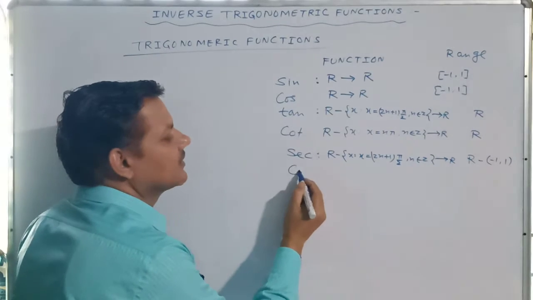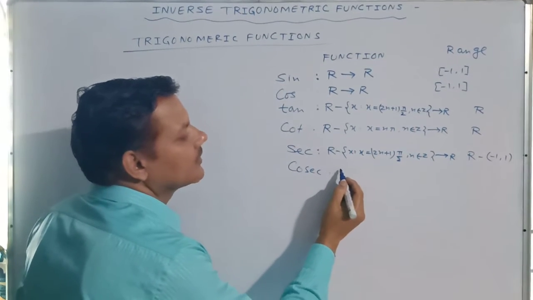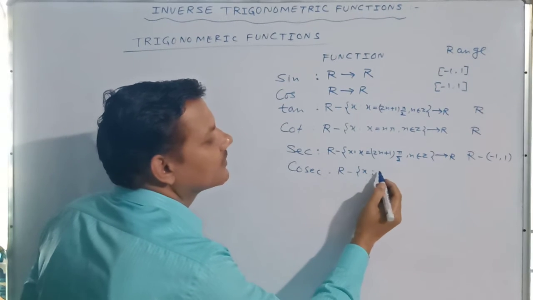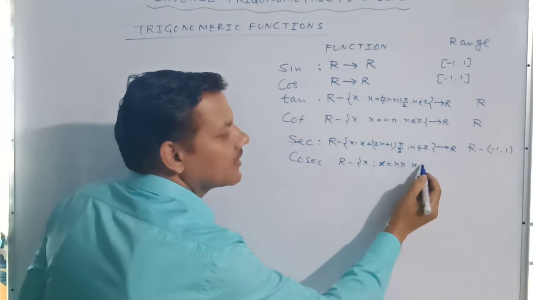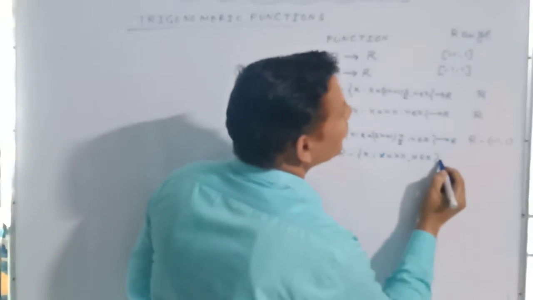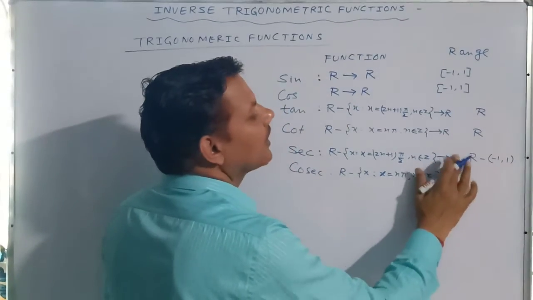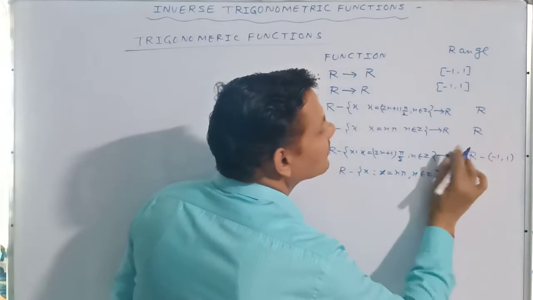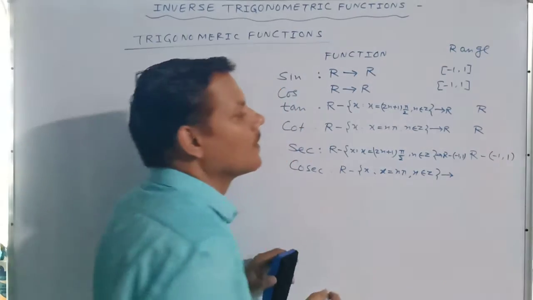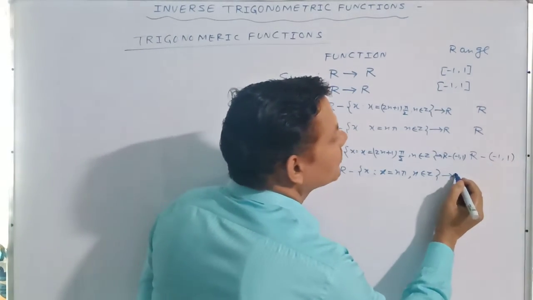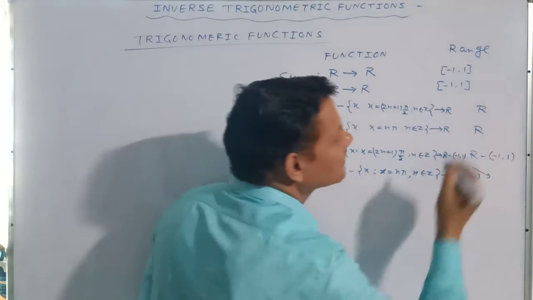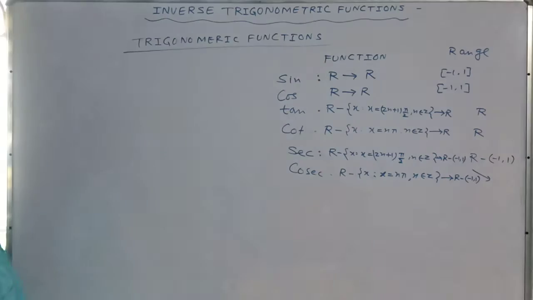Last one is cosec, and it is R minus {x such that x equals n pi, n is any integer}, to R minus -1 to 1, and its range is the same. This is about the trigonometric functions.